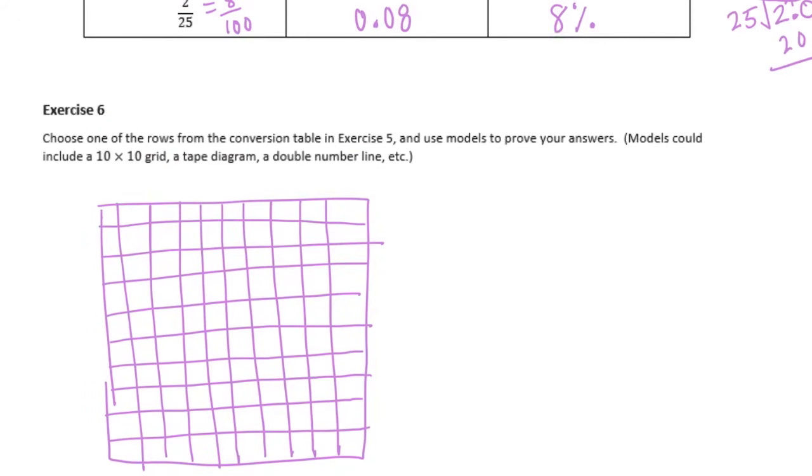And let's just go with the last one, this 8%, because then all I need to do is shade in 8 blocks. 1, 2, 3, 4, 5, 6, 7, 8. So that shows 8 out of 100 are shaded in, which is equal to 8%.